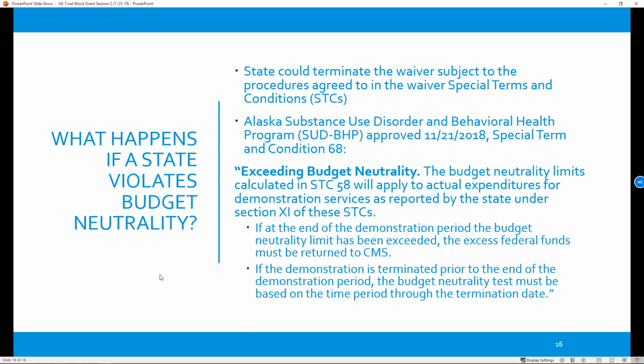And the reason for that is that you have a number of states that, in many respects, treated their savings like a big bank account. They would come to CMS and say, "Look, I've got $5 billion saved up, so now I want to use my savings."